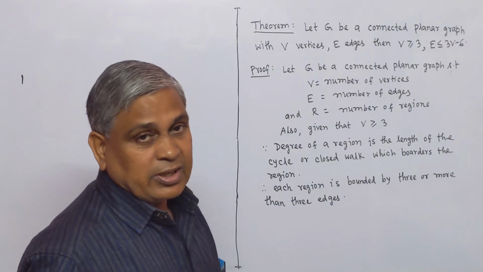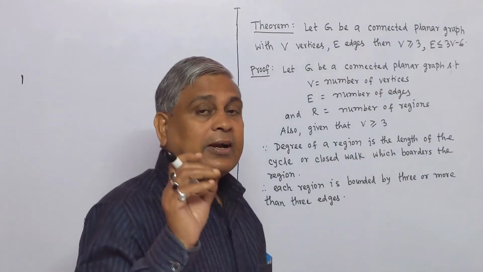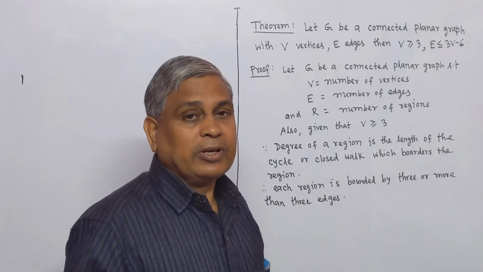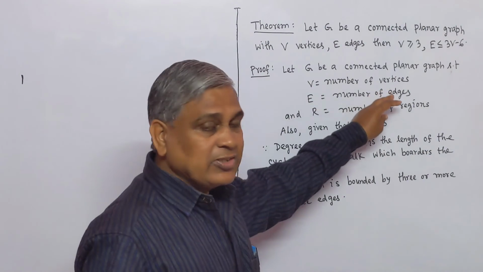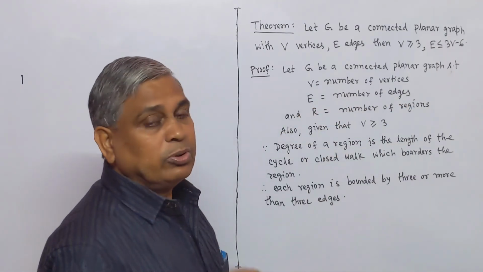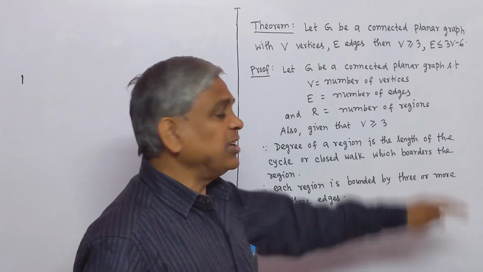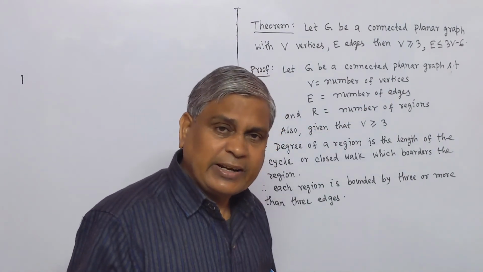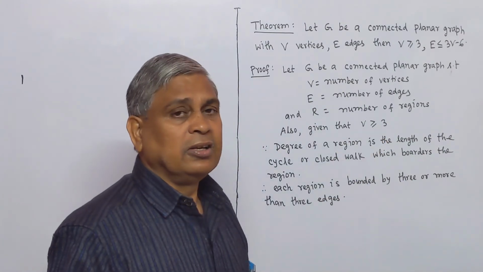Now we prove this. Let G be a connected planar graph such that V equals the number of vertices, E equals the number of edges and R equals the number of regions. Also given that V is greater than or equal to 3.